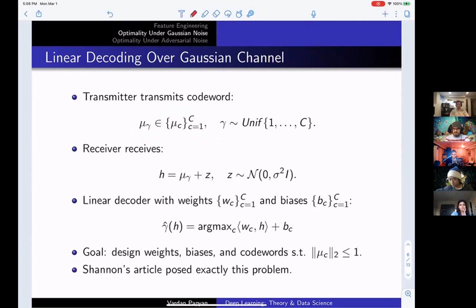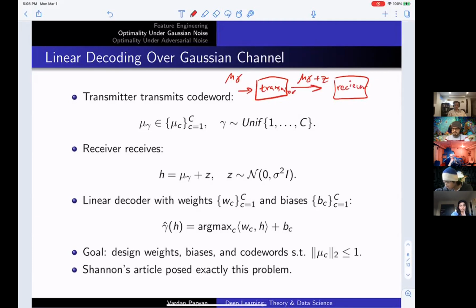Now the transmitter is picking a certain mu gamma, and this mu gamma is being transmitted, and due to this transmission process, there is some noise being added on top of this code word. This is the transmitter, this is the receiver.